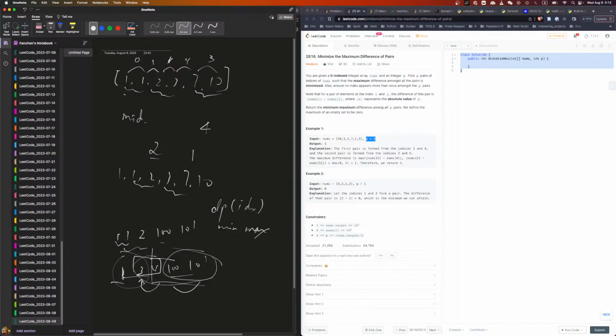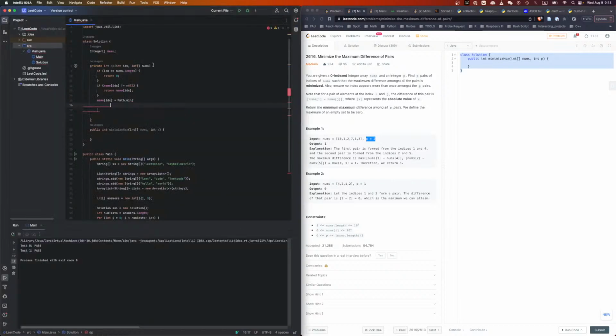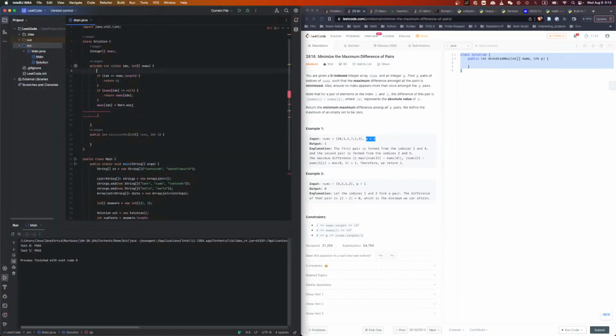I start from here and I say I want to find, starting from here, the maximum number of pairs I can find with the current given difference. And I do this, or I don't do this. Yeah, maybe I can do that.